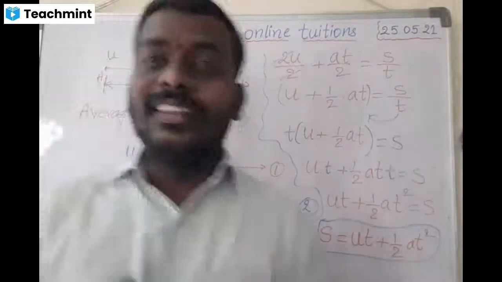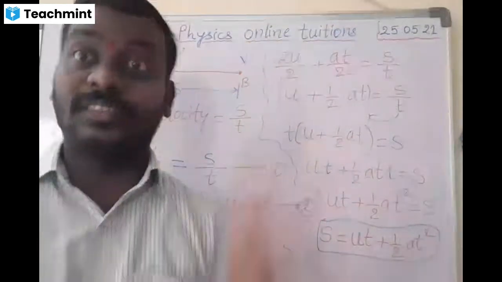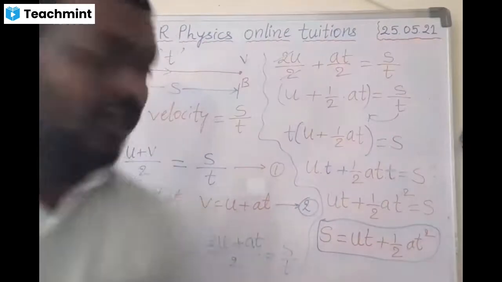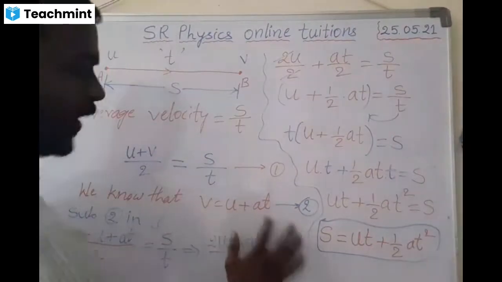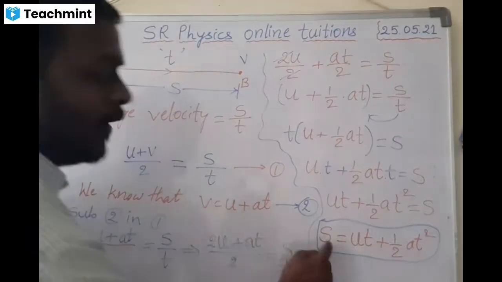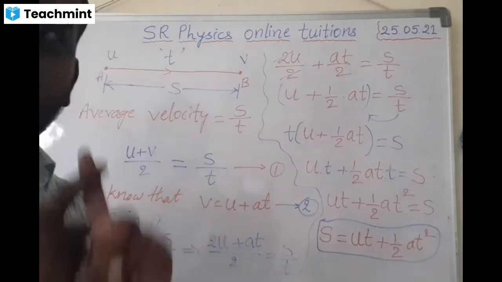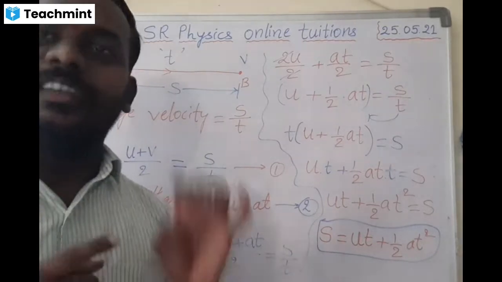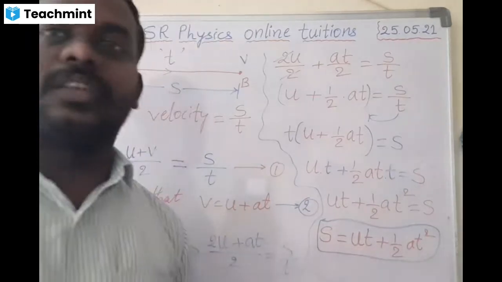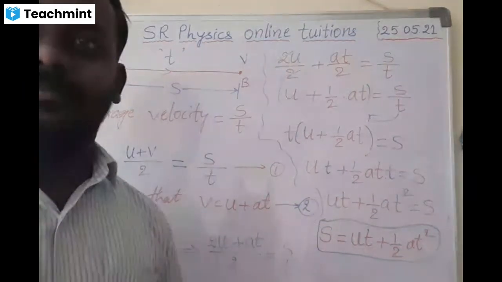And one more thing: why do we need to study all these different types of equations? You may have this doubt in your mind. If you observe in this equation, displacement is not there. In the first equation of motion we do not have the displacement, whereas in the second equation of motion we do not have the final velocity.